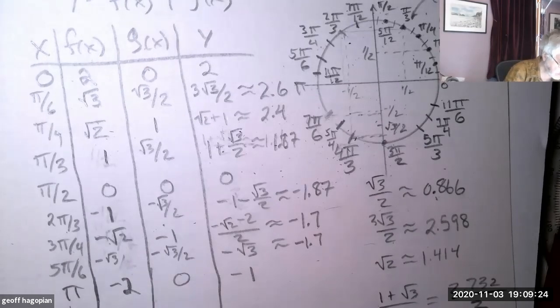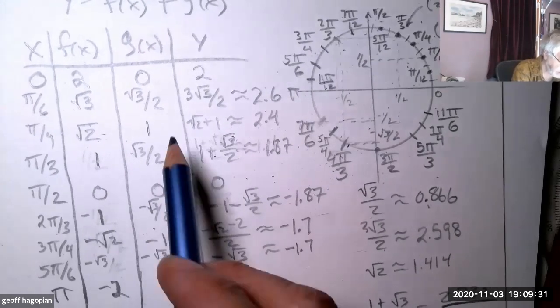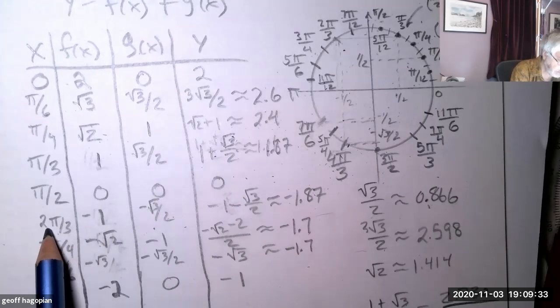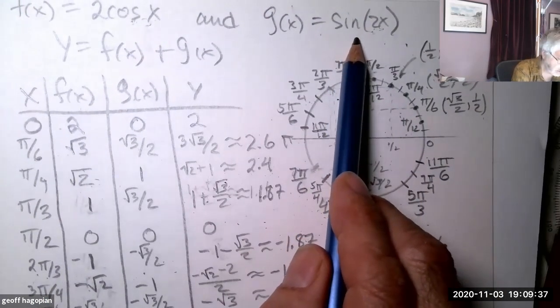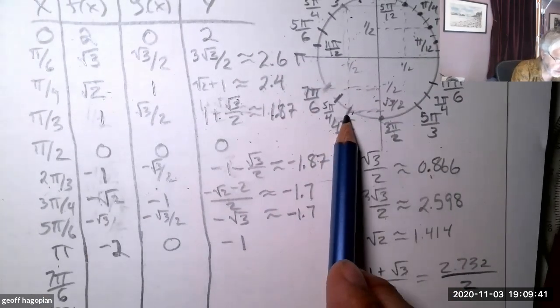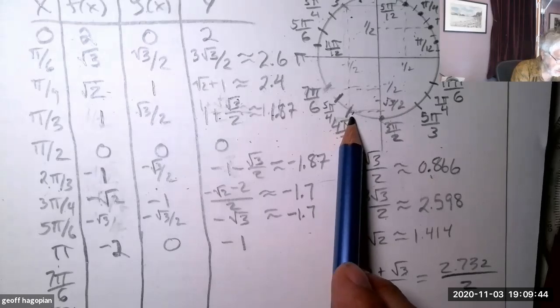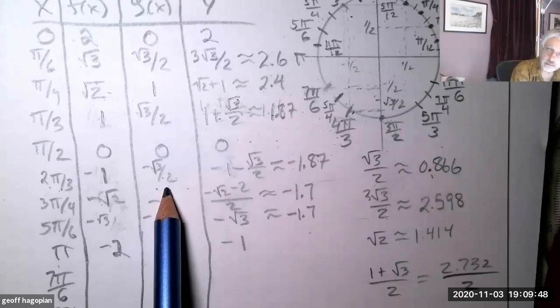Mercy. Okay. So now these are the sine values, and if the input is 2 pi over 3, and we're doubling the input for g of x, then that's going to be 4 pi over 3, which we look up on the circle, and we see that's here, and the sine value there is indeed negative square root of 3 over 2, right?